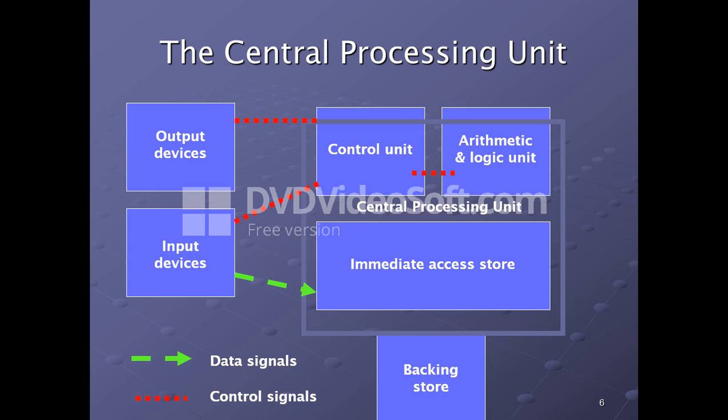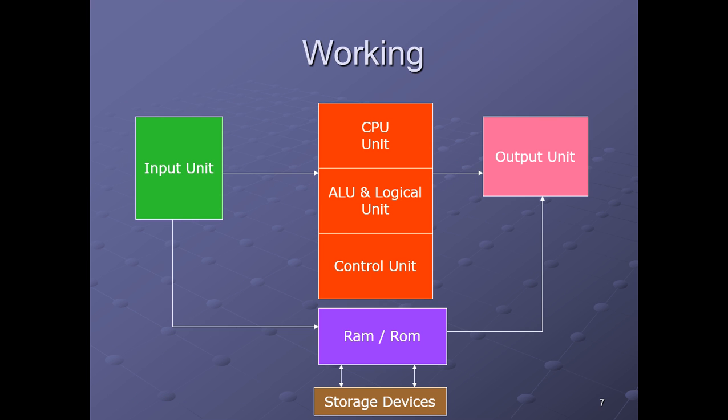Now working. When you input the data from the input unit, it will go there to ROM and RAM. After that, it will perform these things. And backing storage is used for storage devices to store the data, and after that output will be produced.